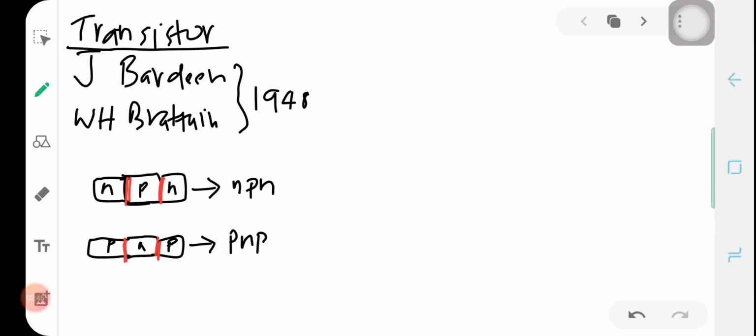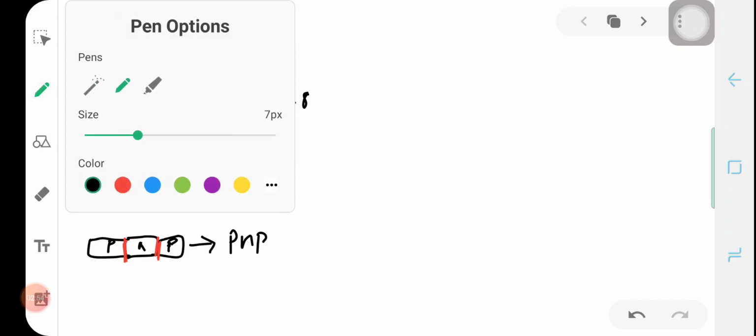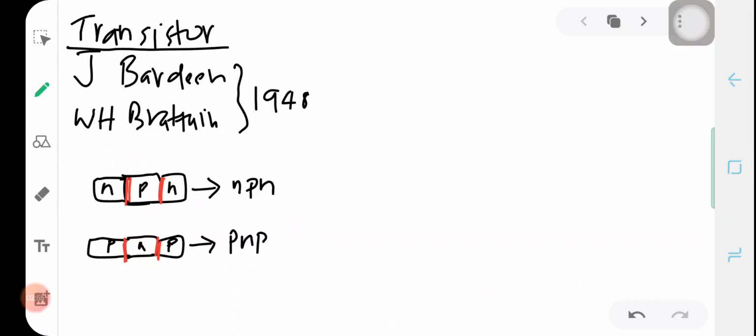Diodes have only two terminals, a p region and an n region, that is positive and negative, but a transistor has three regions. One is called the emitter, the other is called the collector, and the middle portion which is thin is called the base.